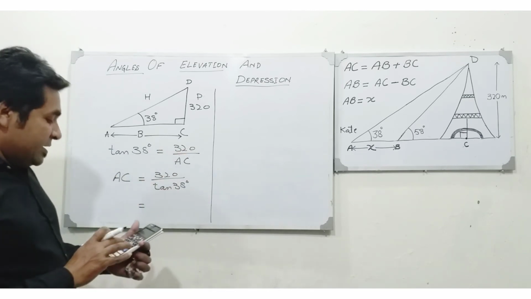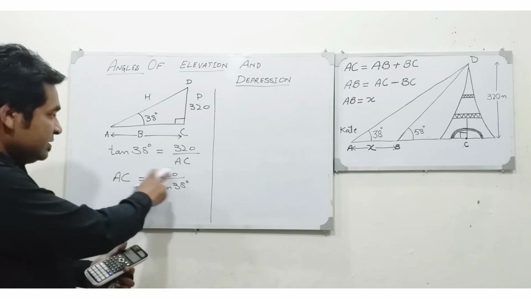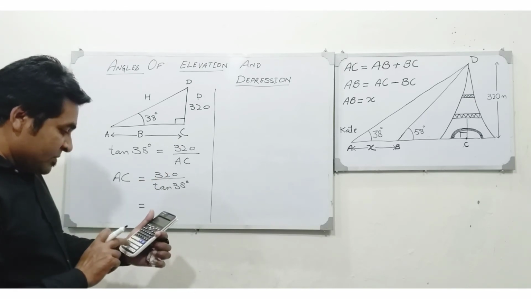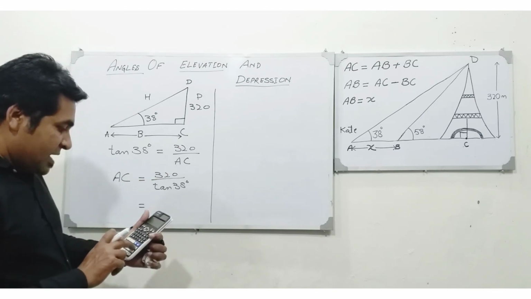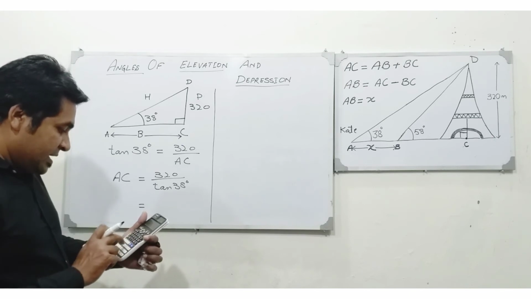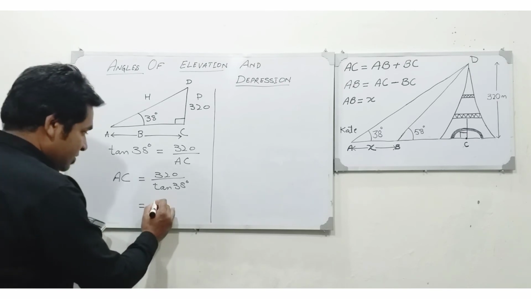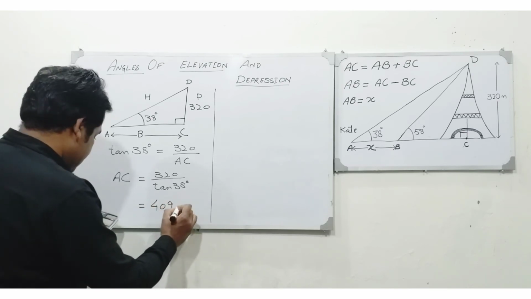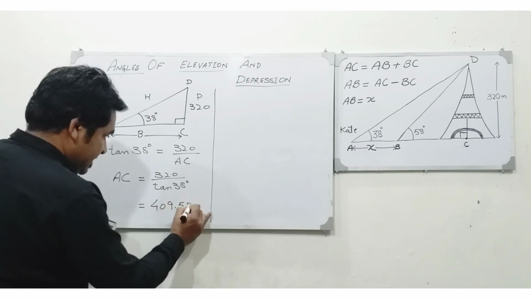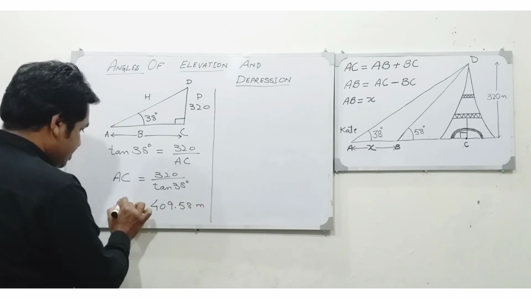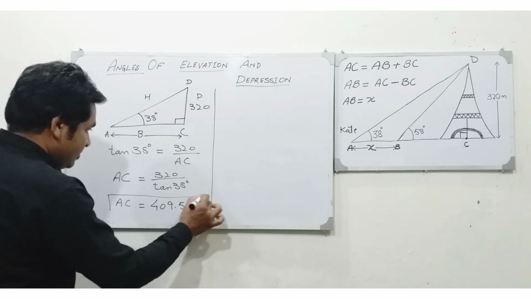Using your calculator, 320 divided by tan 38 is 409.58 meters.